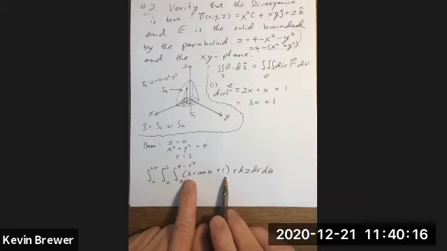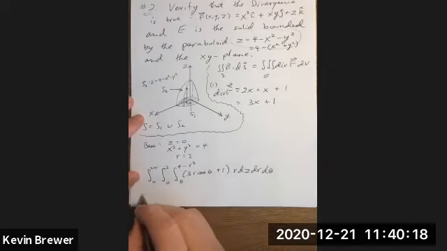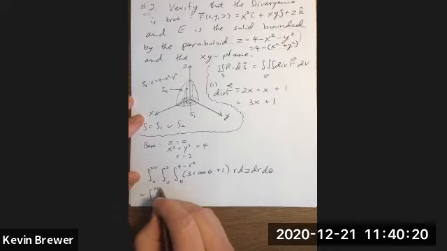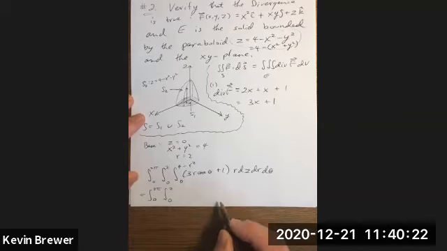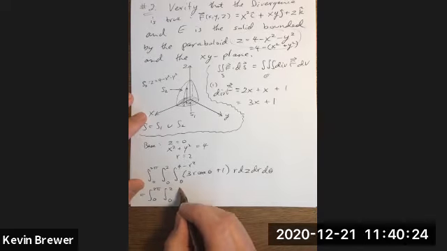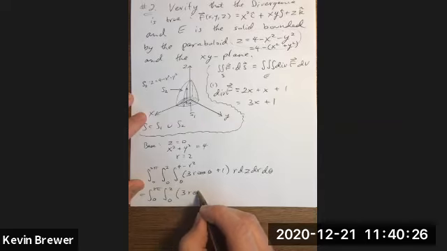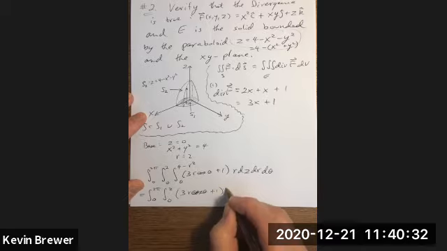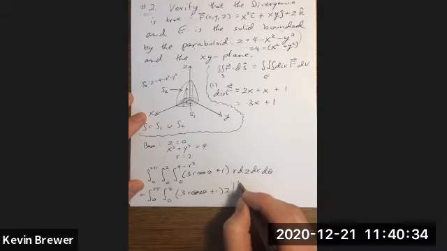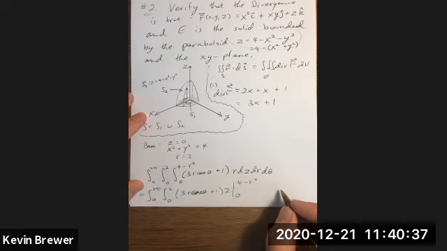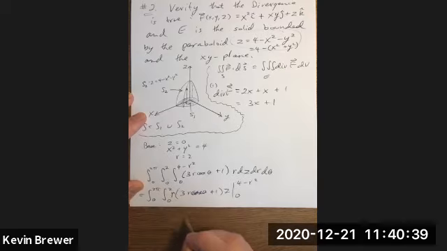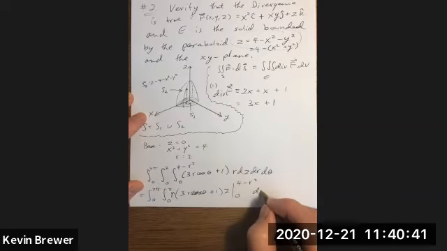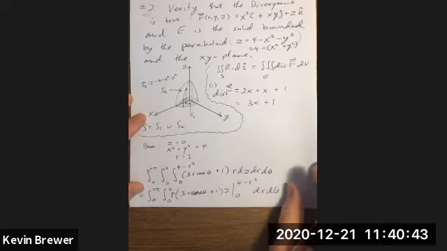There are no z's here, so this is 3r cosine theta plus 1 times z integrated from 0 to 4 minus r squared. Let's see, I can throw the r in over here, and then I'll have dr d theta.